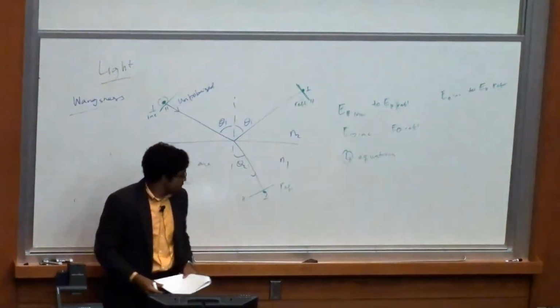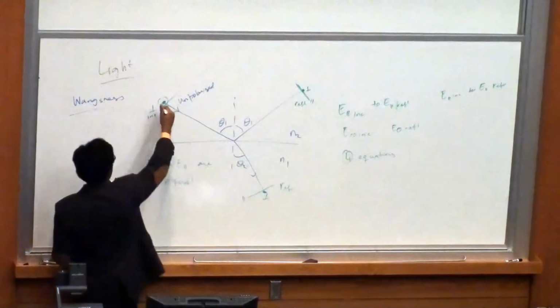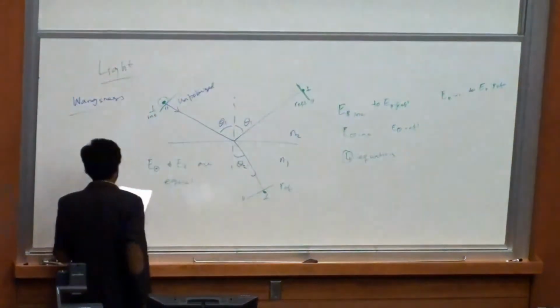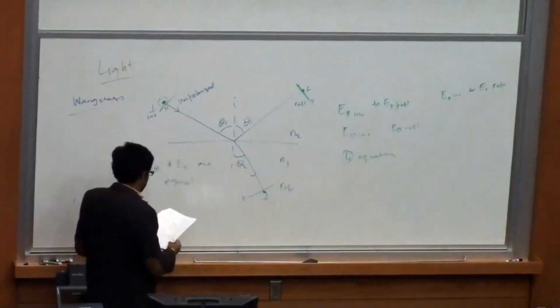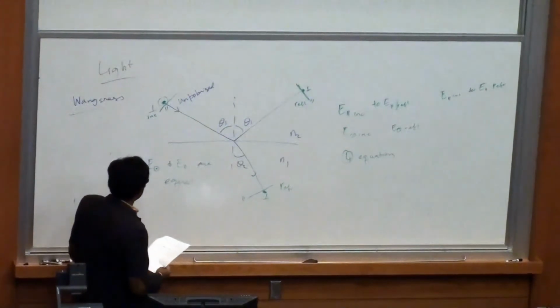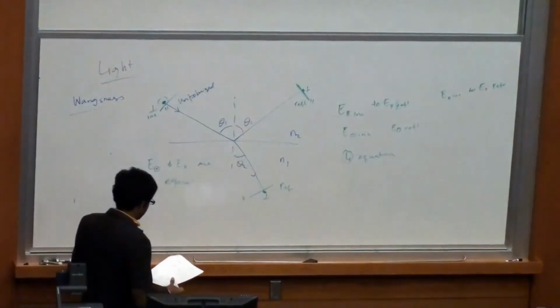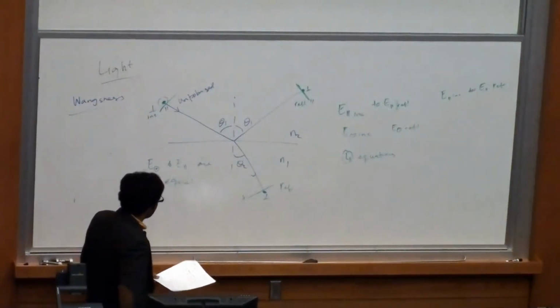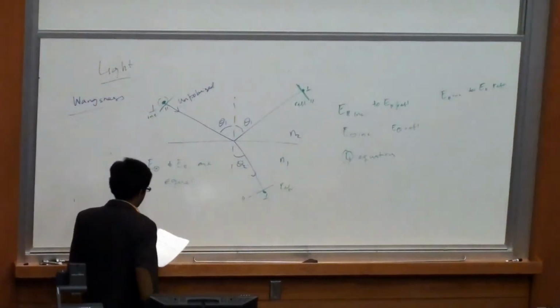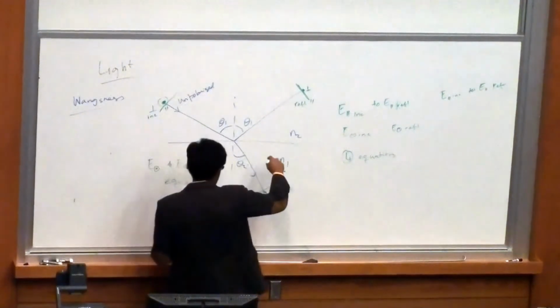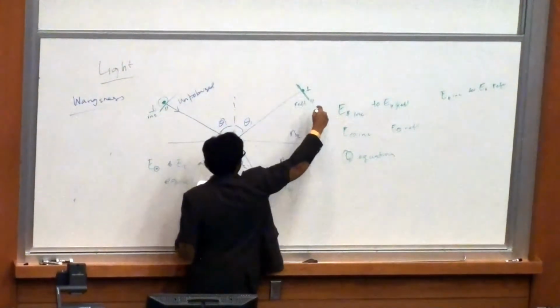You will see that the one that's perpendicular to the plane and the one that's parallel to the plane originally have the same intensities. If you apply the equations, you'll see that's no longer the case in the reflected part.